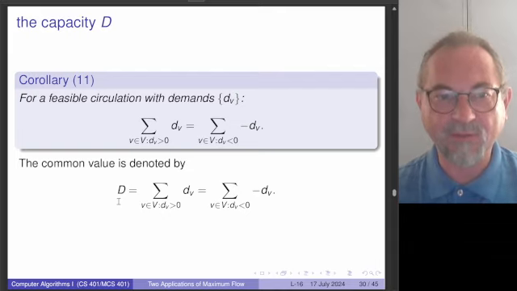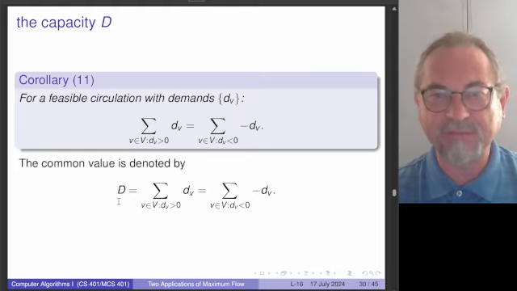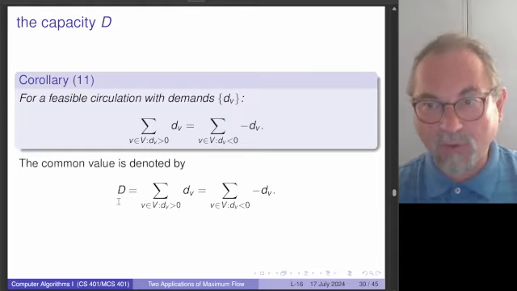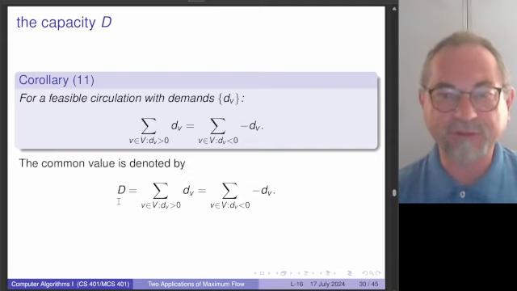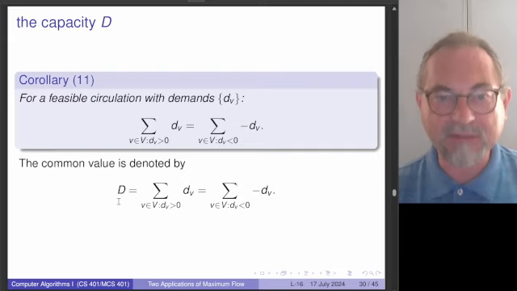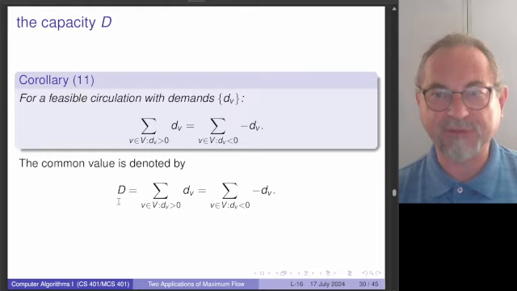Then we can denote the sum of all the positive demands by the capital D. And if there is a feasible solution to the circulations with demands problem, the total supply must equal this capital D. So if there is a circulation, then we have this capital D.